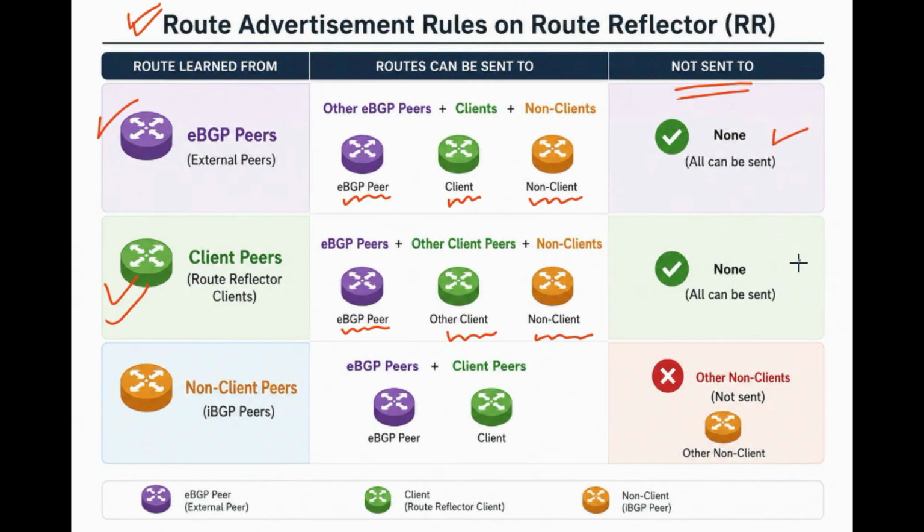Again, the route reflector can distribute the route to all these peers without any issue. A route learned from a non-client peer can be sent only to eBGP peers and client peers, but it cannot be sent to other non-client peers. This is the key restriction.